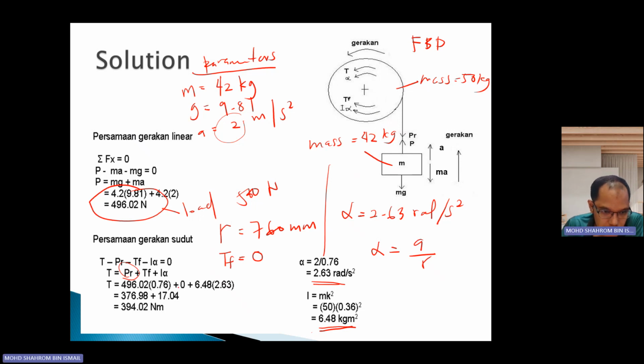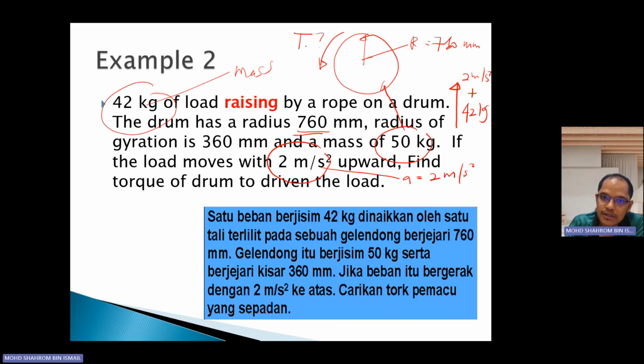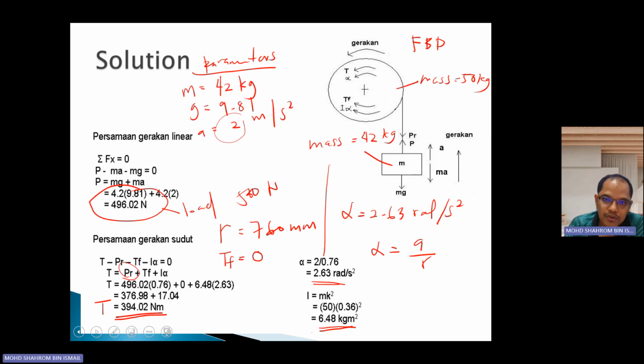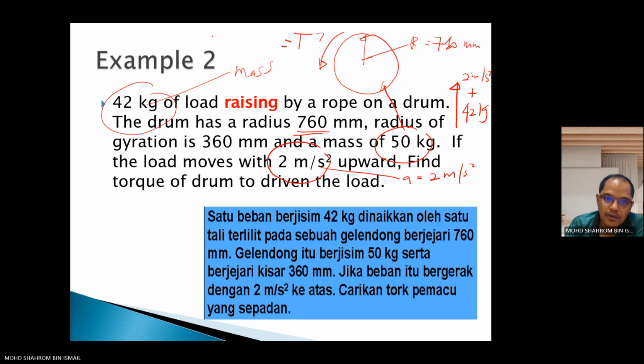We're going to insert everything inside, and then through the equation for the angular motion, you manage to get the torque to be 394.02 Newton meter. So the required torque here is 394.02 Newton meter.